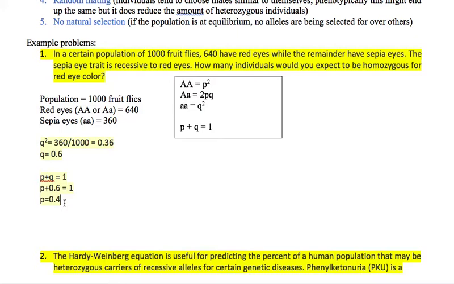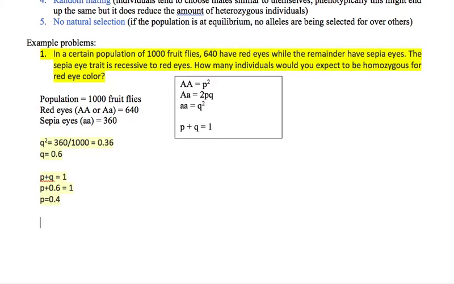Now remember, at that point, what that's telling us is the individual alleles, but we're not looking for just the alleles. We're actually looking for homozygous for the red eye color. So that means that P squared is going to tell us homozygous for the red eye color.